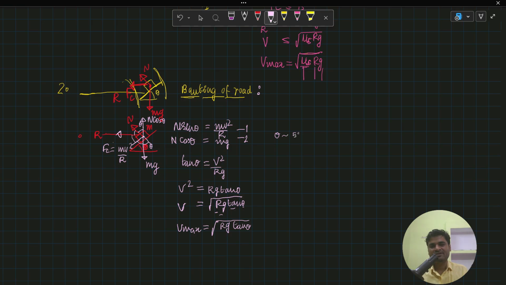So it's not a great angle, not a perceptible angle where you can see a slant height or banking of the road. These roads are mostly level, with no perceptible sloping.